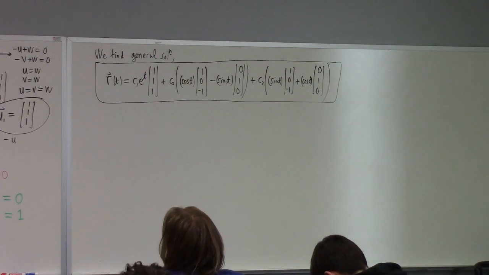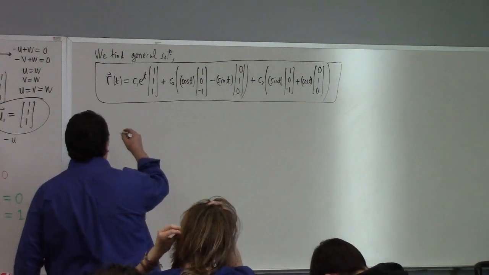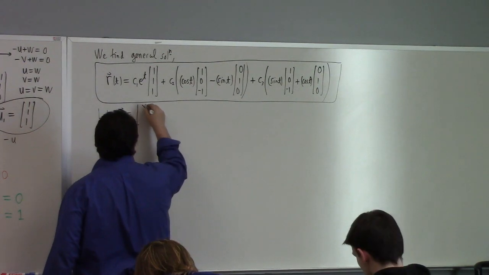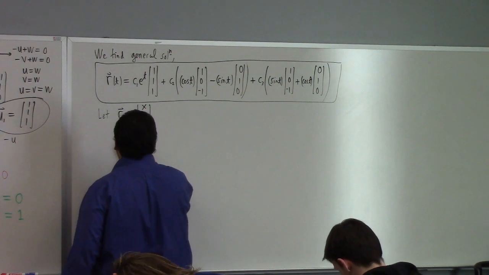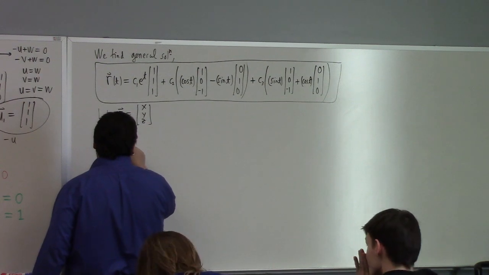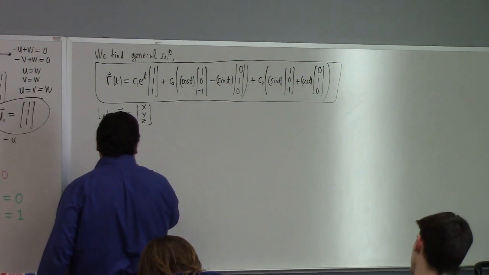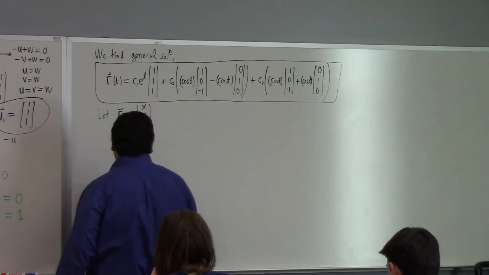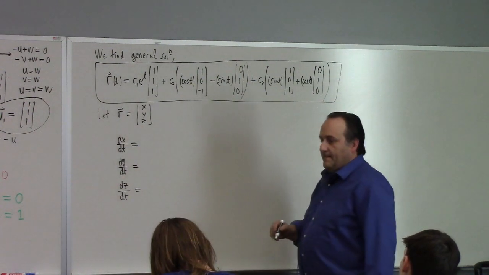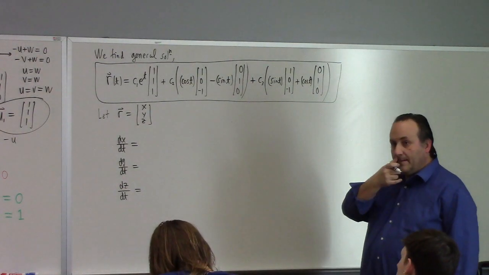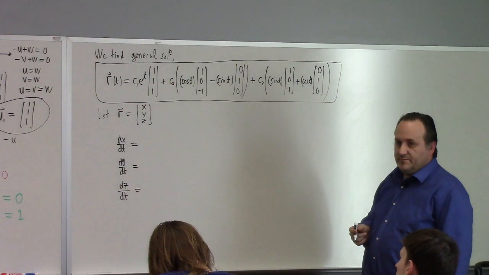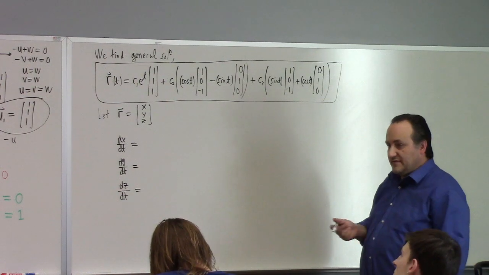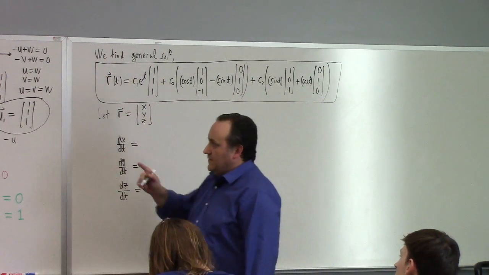If I let r be x, y, z, for the sake of discussion, we were looking at dx/dt equals blah, dy/dt equals blah, dz/dt equals blah. You tell me the blah, blah, and blah from my A. Working backwards, what system of differential equations do we actually solve here?